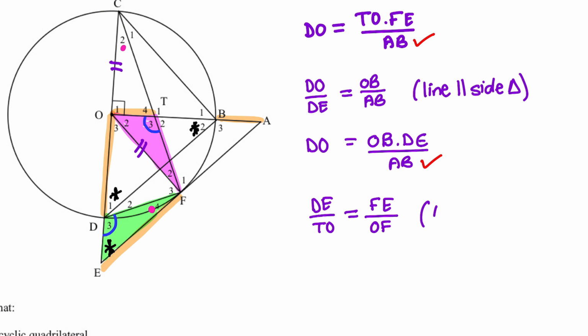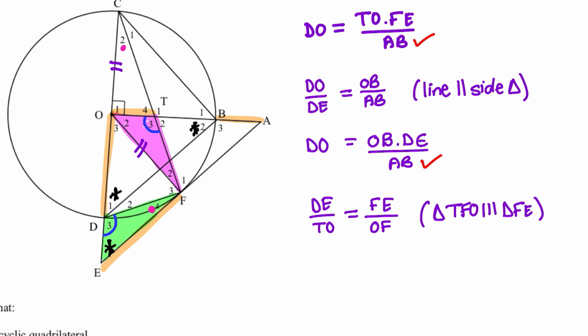So from the similar triangles TFO, which is similar to DFE, I'm saying DE over TO is equal to FE over OF. And that's from the similar triangles. So I'm creating that ratio.